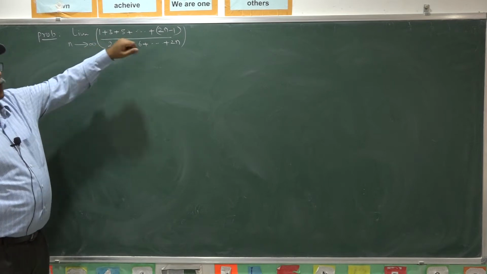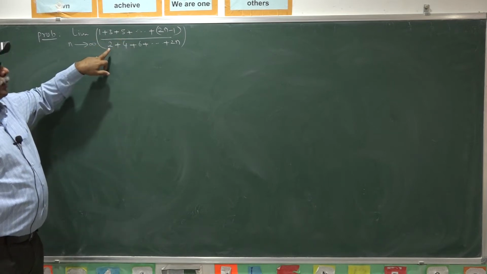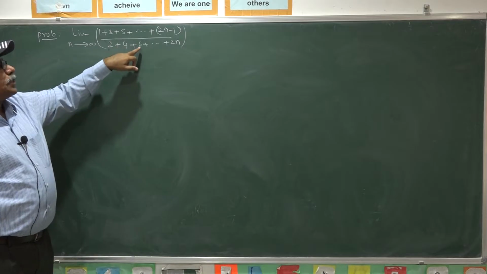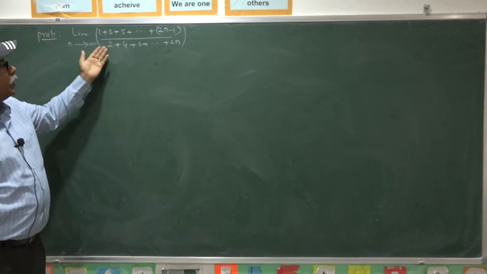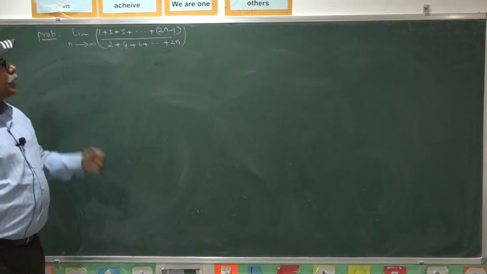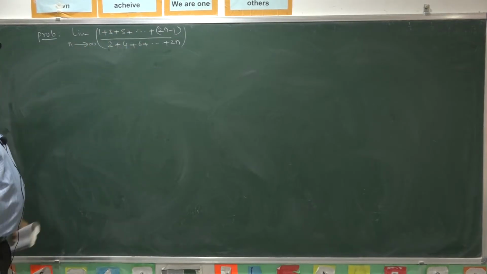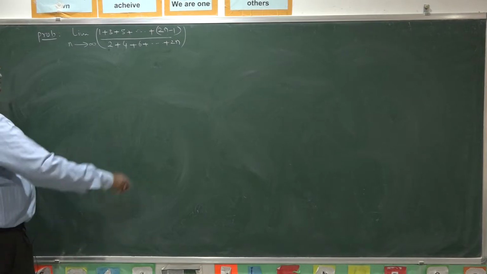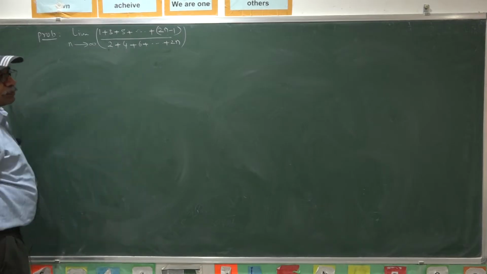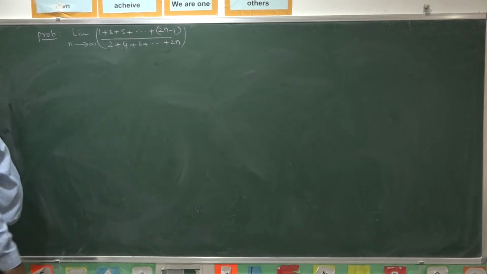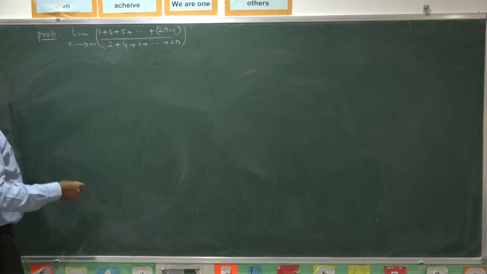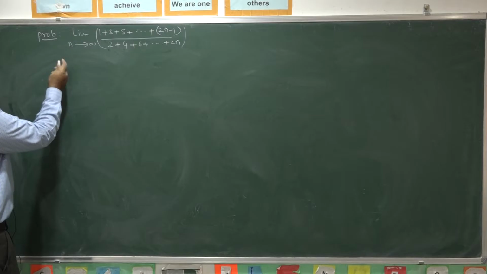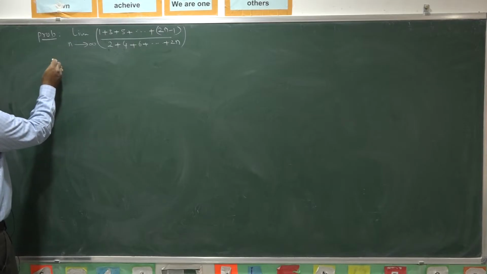That means the sum of n terms in the numerator, the sum of the first n odd natural numbers, and in the denominator the sum of the first n even natural numbers. So this is our question.